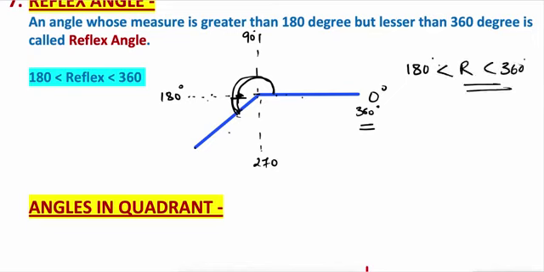So let's see these angles in quadrants. As we all know, this is 0 degrees, this is 90 degrees, here it is 180 degrees, and this is 270 degrees, and again it is 360 degrees. If the angle is between 0 and 90 degrees, it will be an acute angle.